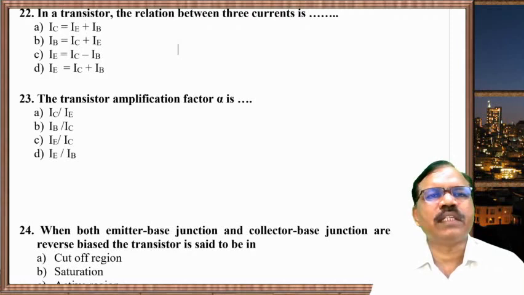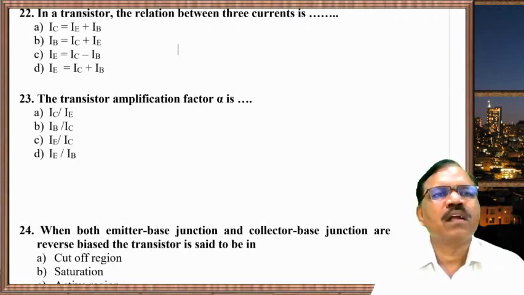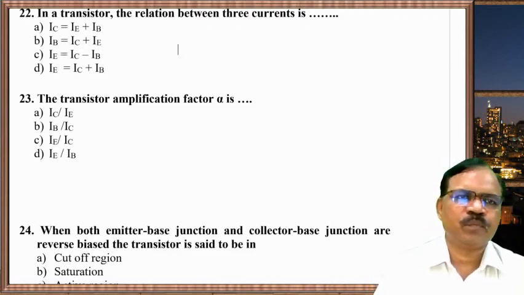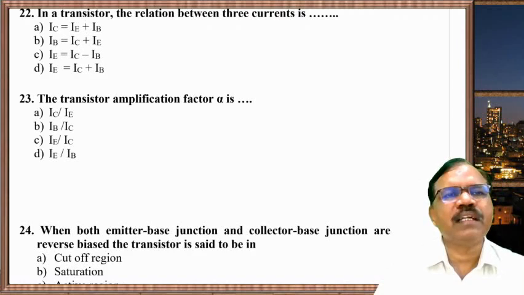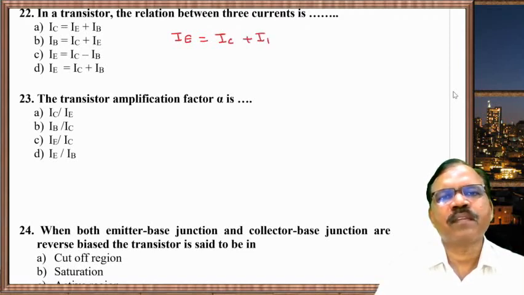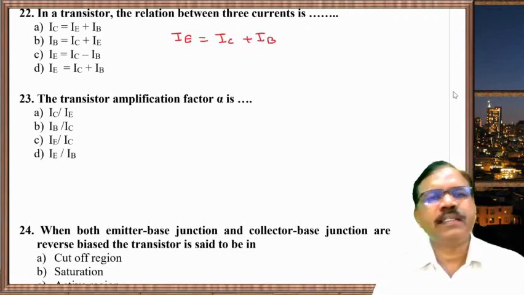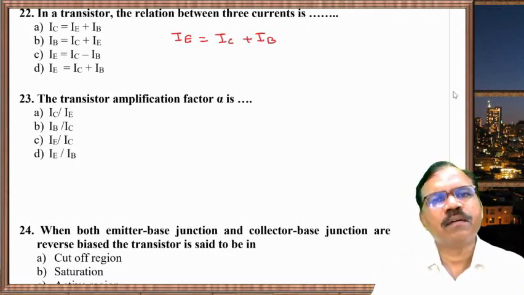Now next question: in a transistor, the relation between the three currents is? We have three currents: emitter current, base current and collector current. That relation is IE is equal to IC plus IB. IE is the emitter current, IC is the collector current, IB is the base current.